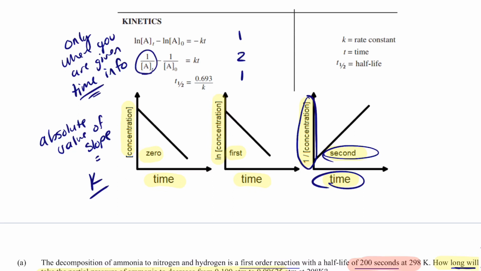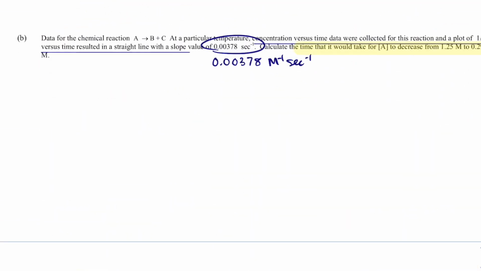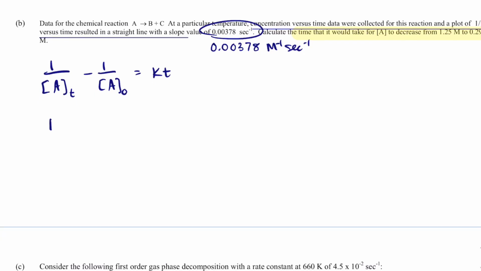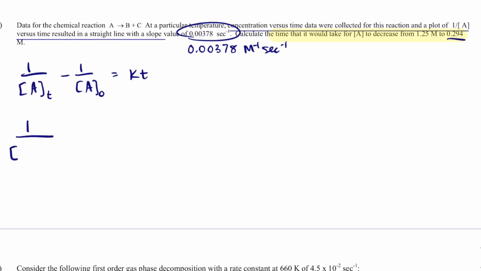The only ones where they'd take 1 divided by A would be second order. So we can put that in here, 1 divided by A sub t minus 1 divided by A sub 0 equals kt. And the concentration after some amount of time was 0.294.